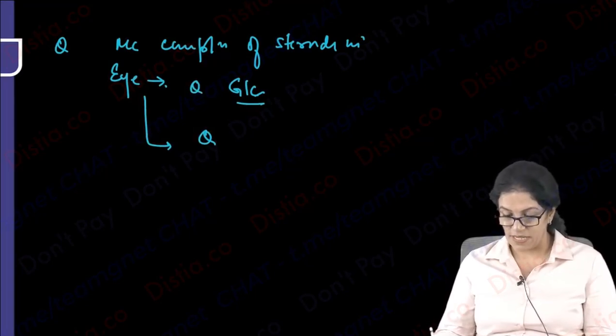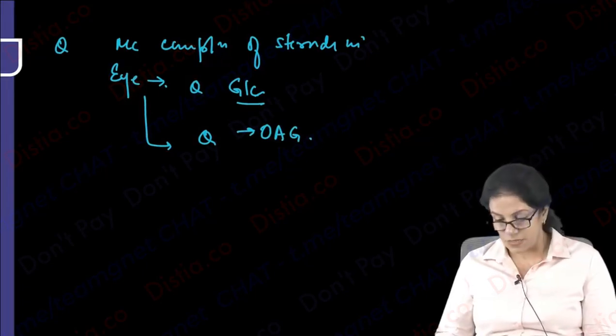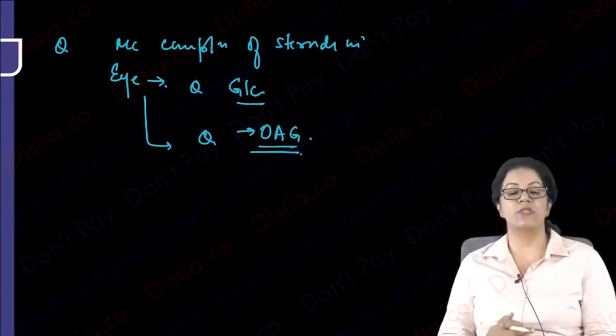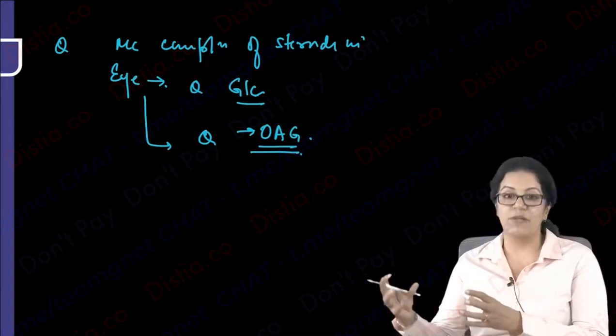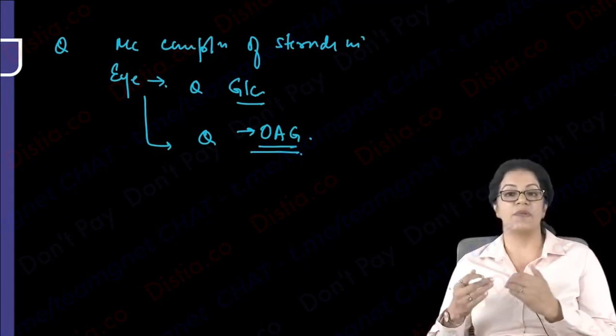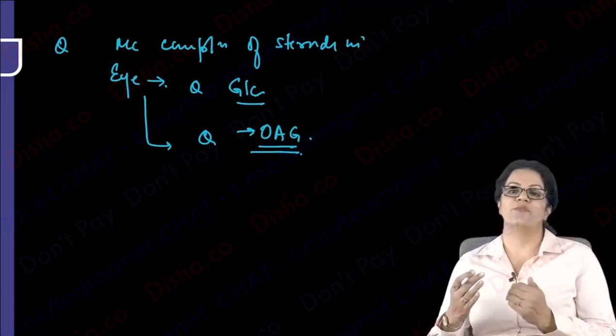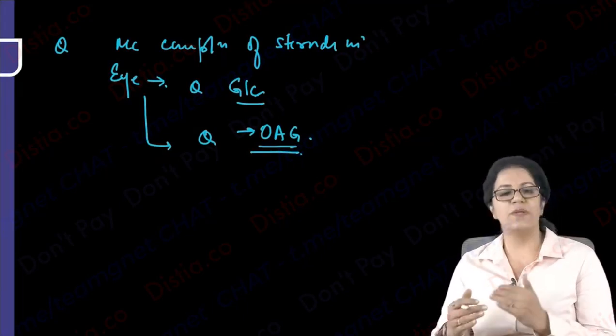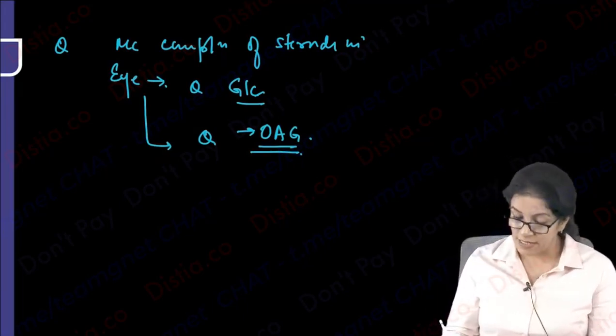Your answer should be open angle glaucoma. It causes deposition of mucopolysaccharides in the trabecular meshwork, hampering the trabecular outflow, leading to open angle glaucoma. We will discuss these details in the glaucoma chapter.